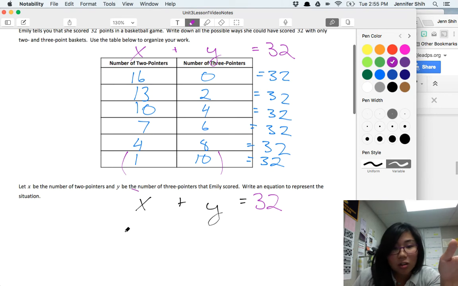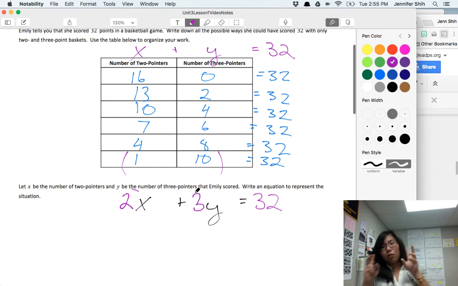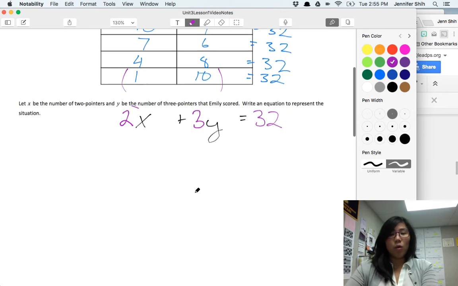X is the number of two-pointers, and if we multiply it by 2, we'll get the points from two-pointers. Same thing with y. Each three-pointer gets 3 points, and that's what this number is. So there are a few words we are going to talk about.